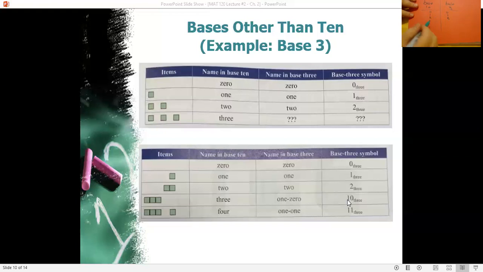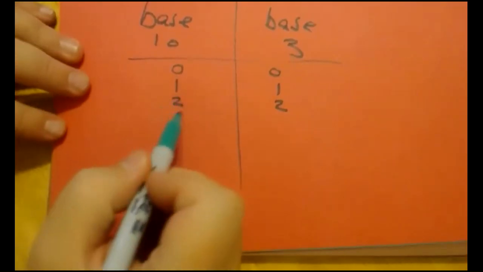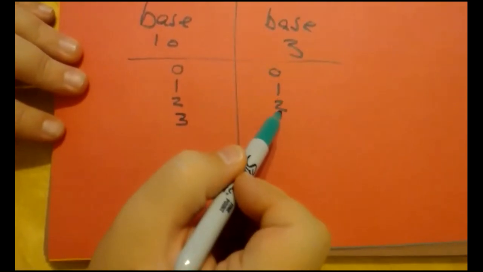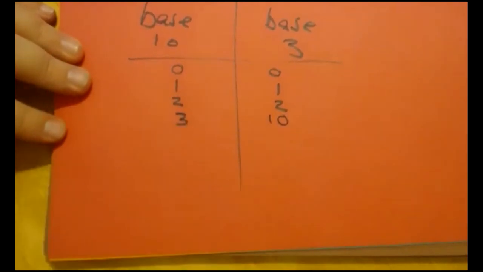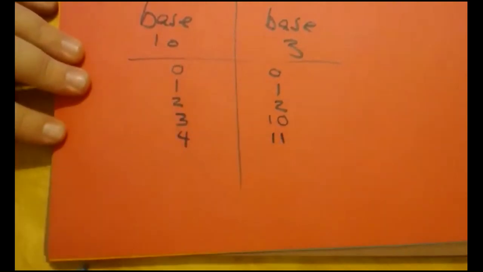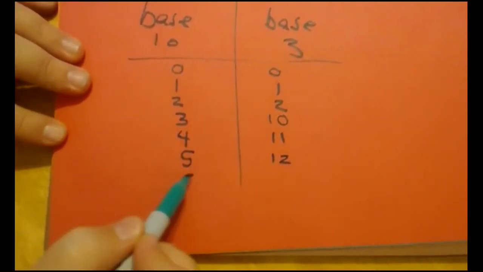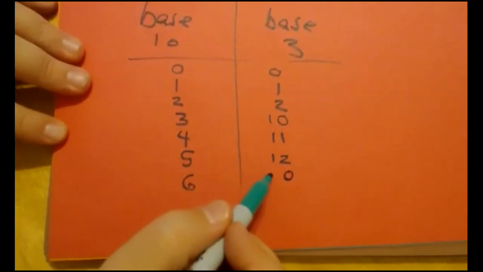But then to figure out what 3 would be, we'd have to start fresh because we've used up all our digits. So I'll start fresh, 0, and I'll bump this up 1. To get 4, I'll bump this up another 1. To get 5, I'll bump this up another 1. But now to get 6, I've exhausted them all. So I have to go back to 0. And now I could bump this up to the 2.